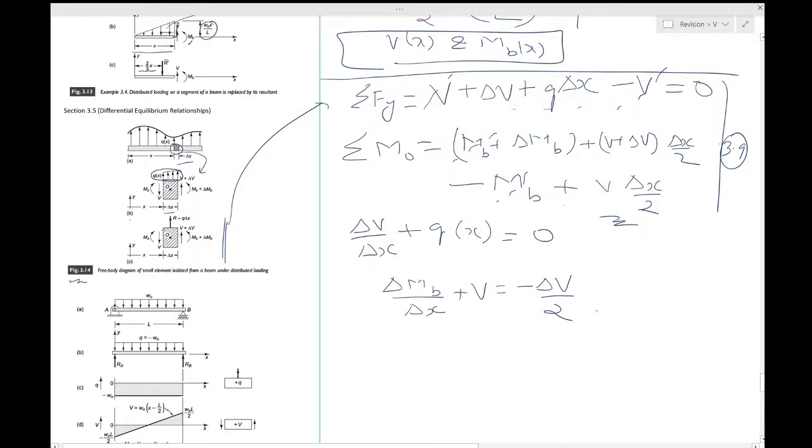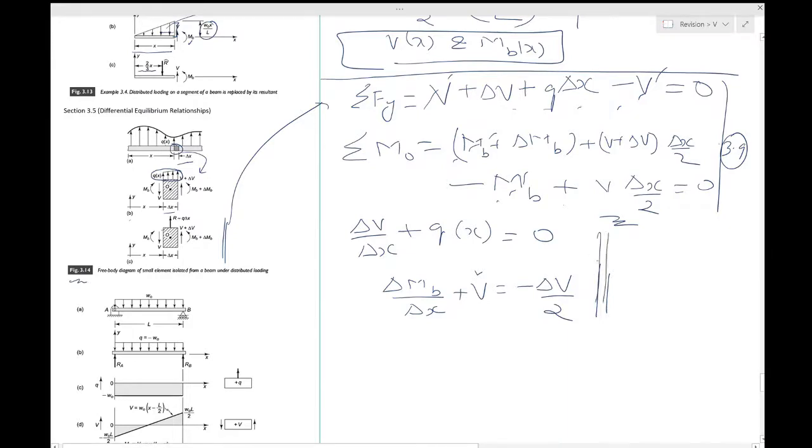Let's just check this last statement. So this is equal to 0 definitely. So this gets cancelled, so delta MB is there. Nice. And V delta x by 2 is actually there twice, so that gets added. And then you have a delta V into delta x by 2. So that's over here.